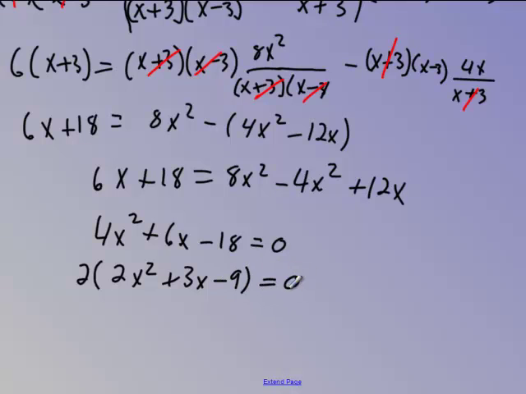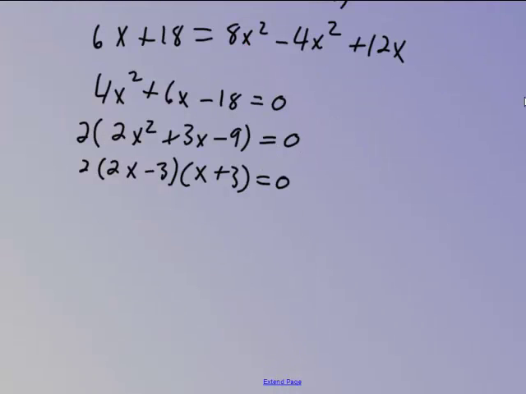equals 0. And then this will factor further into 2x minus 3 and x plus 3, which equals 0. Finally, we can use the zero product property and solve for the x's.